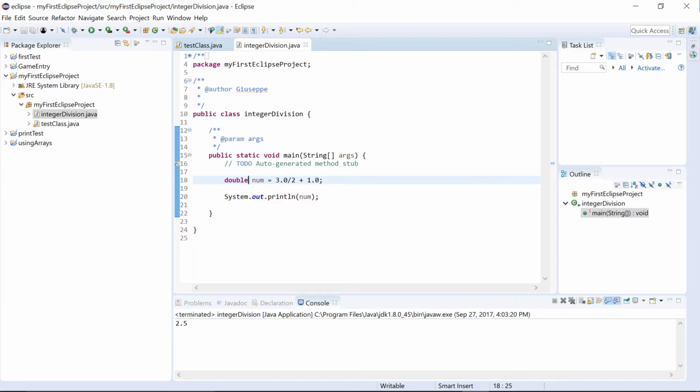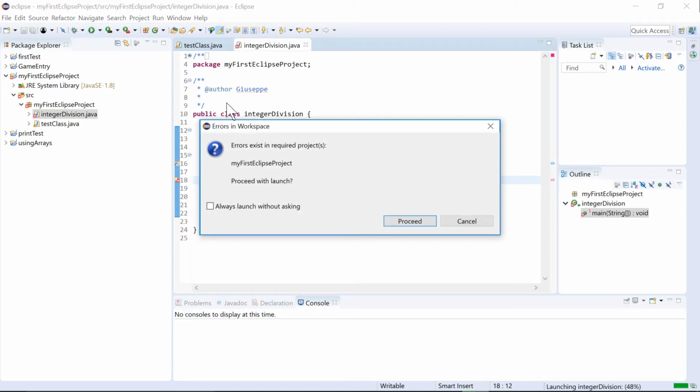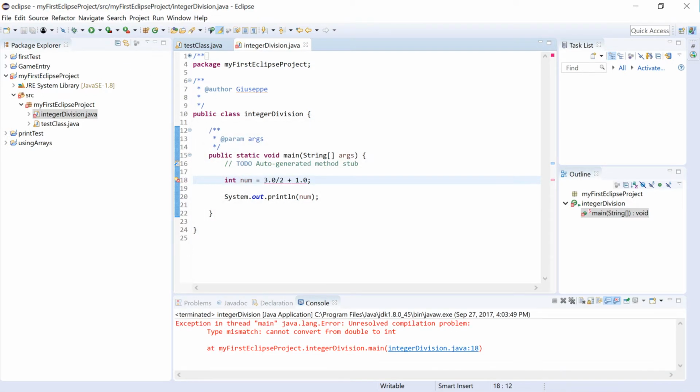One last thing to wrap up: what happens if I made this an integer and tried to run it? We get an exception error, a compilation problem: we cannot convert from a double to an int, because memory-wise in Java, doubles cannot fit into an integer value.